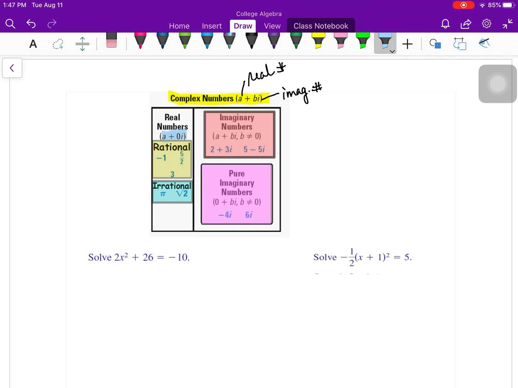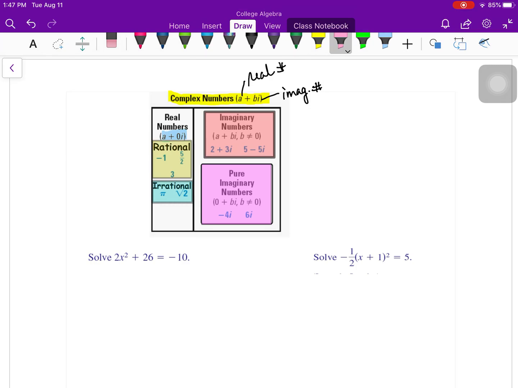The two kinds of reals we have are either rational or irrational. Rational numbers are numbers written as fractions, like -1, 5/2, 3, where irrational are numbers that can't be written as fractions, like pi or square root 2.